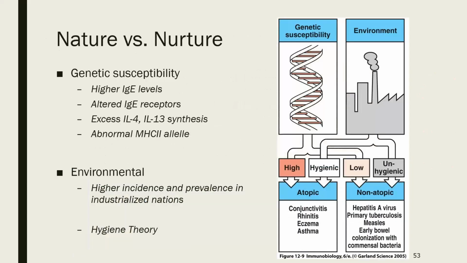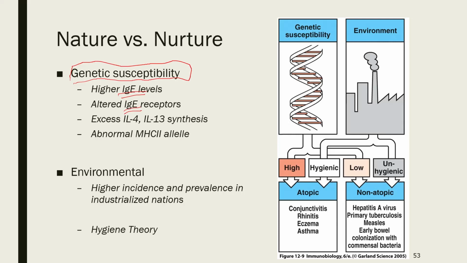Alright, so what are we talking about? Is it nature or nurture? Why is this happening? Now, there is some genetic susceptibility, as we discussed earlier. People who in general have higher levels of IgE, or a different type of IgE receptor, may bind even more tightly.